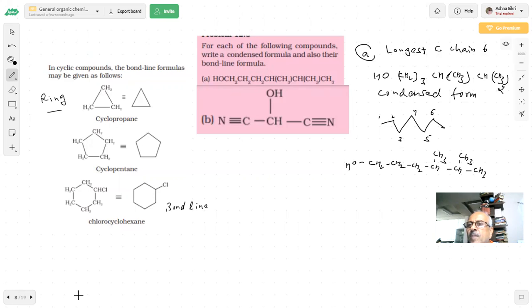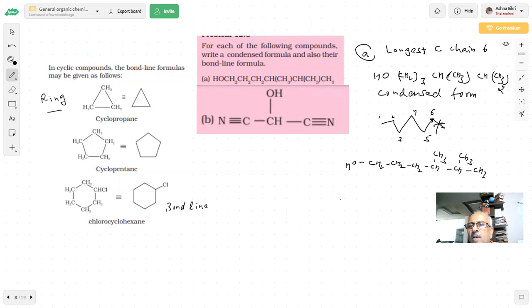So this should end here at this point. This is not required. At 5 and 4 you have methyl group, and OH at this point.